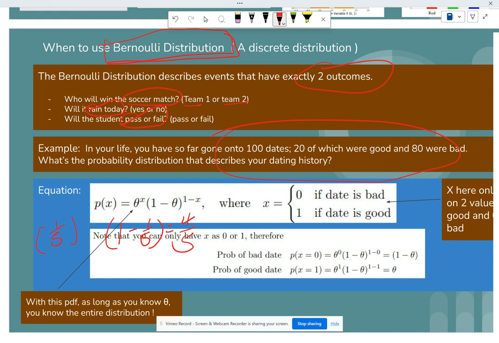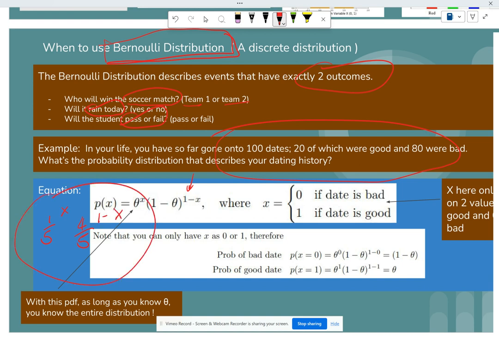So the probability of you having a good date is theta, like the probability of 1, basically, and the probability of 0 is here. So now we know the probability of you going on a good date is 1/5, and 4/5 for a bad date. Let's put these into the function.